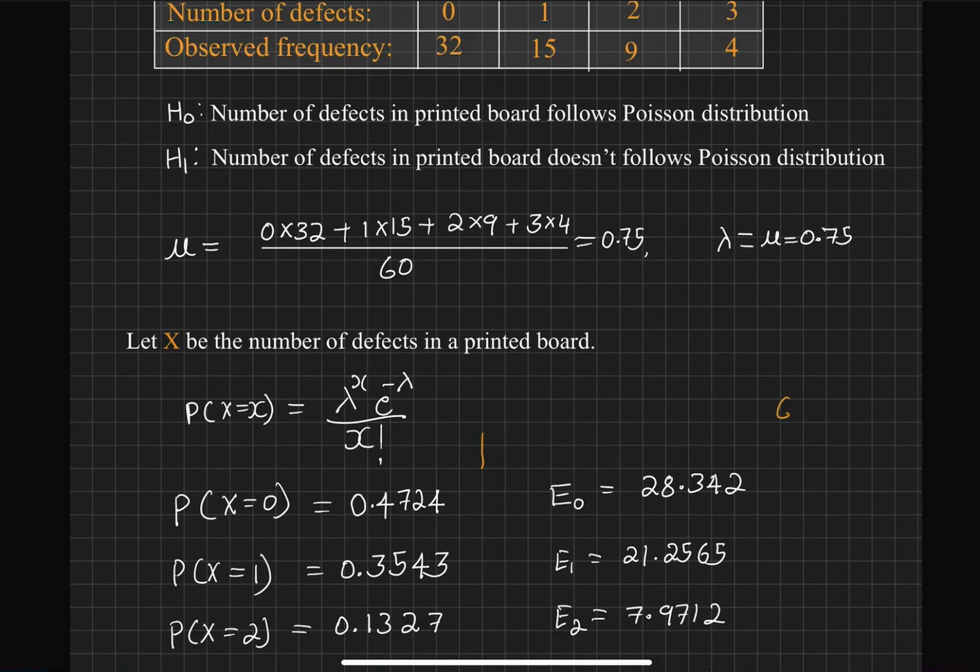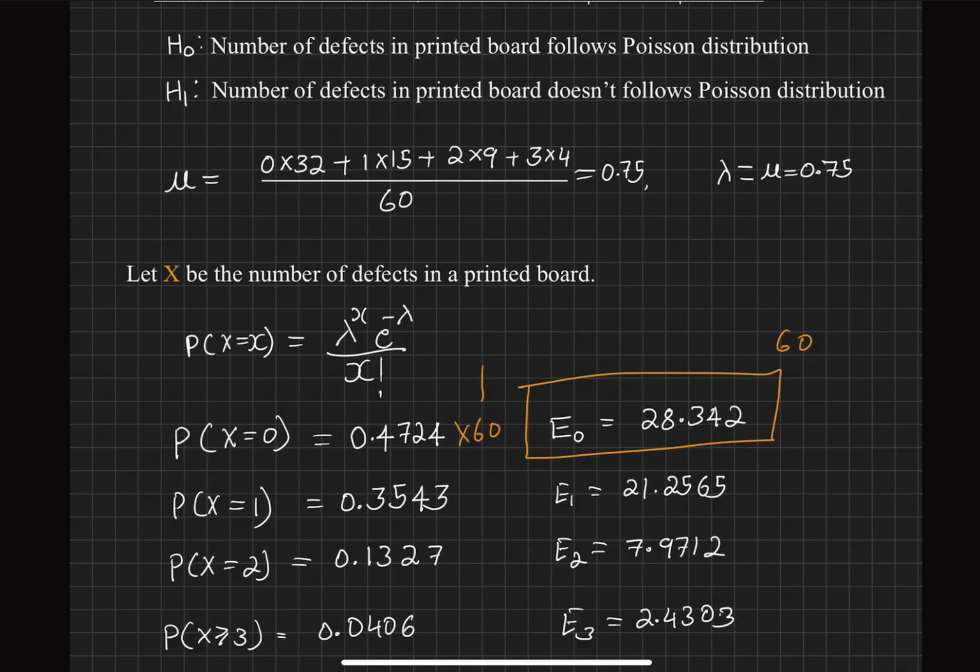As we have 60 boards, if I multiply this probability by 60, we will get expected number of boards having zero defect, that is given by 28.342. There will be 28.342 boards with zero defect.